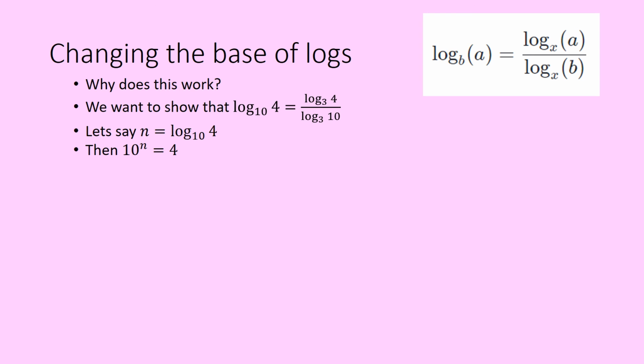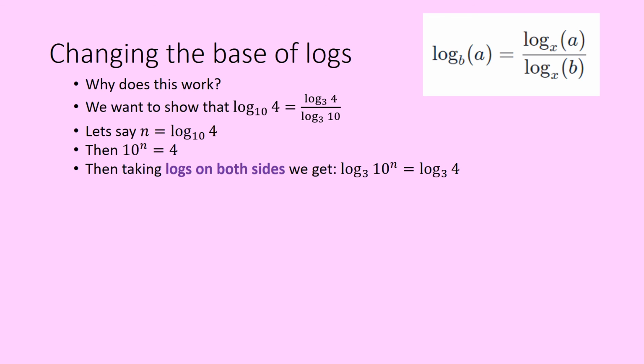If you're unsure about this, then go back and look again at the definition of a log. From the definition, if n is equal to log base 10 of 4, that means that 10, that base, to the power of n is equal to 4.